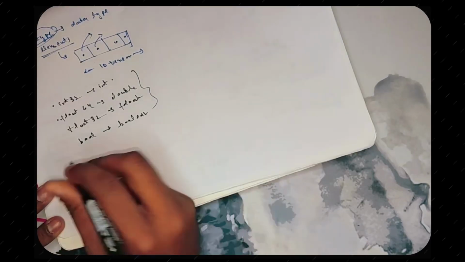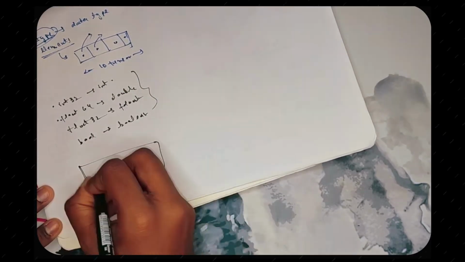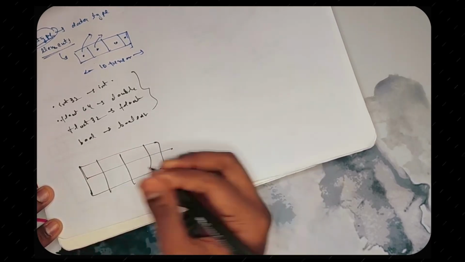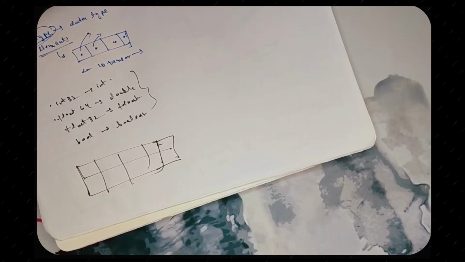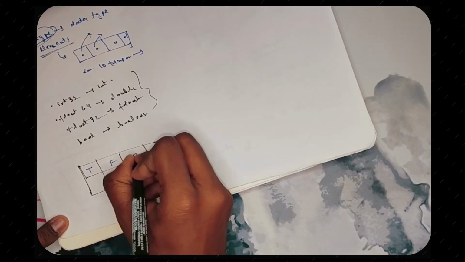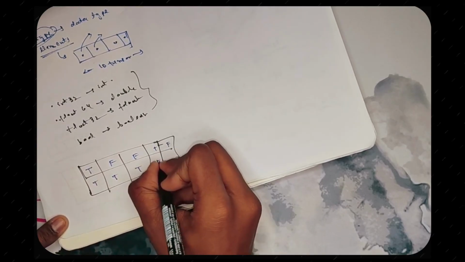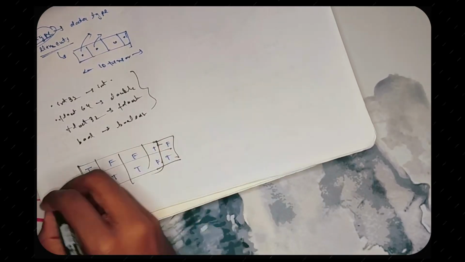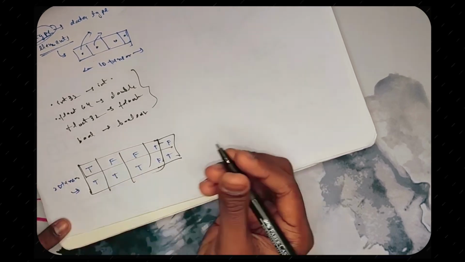And the idea is that suppose we have a tensor, and it is a boolean tensor. So suppose here the values are true, false, false, true, false. Here also true, true, true, false, true. Suppose this is a 2D tensor or a matrix, and these are the elements.